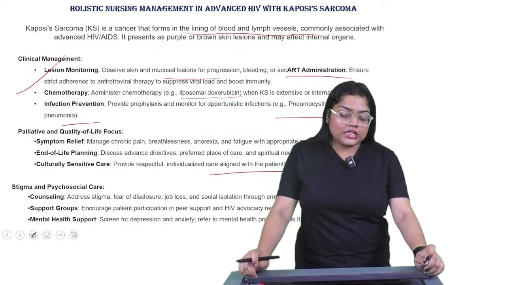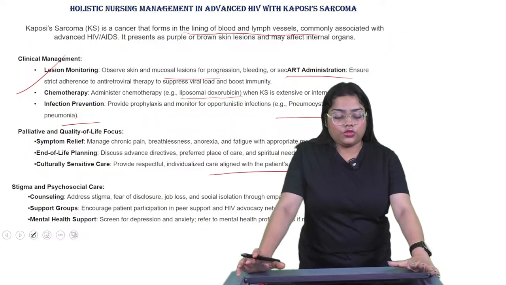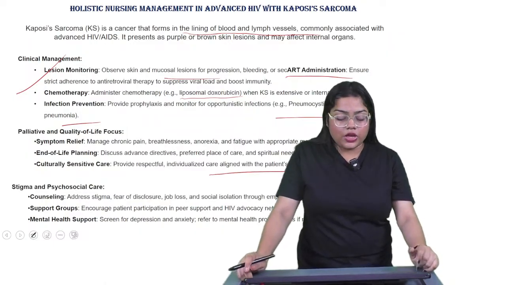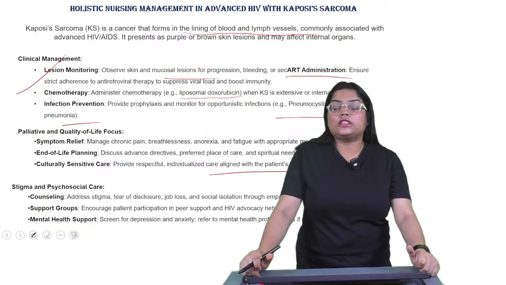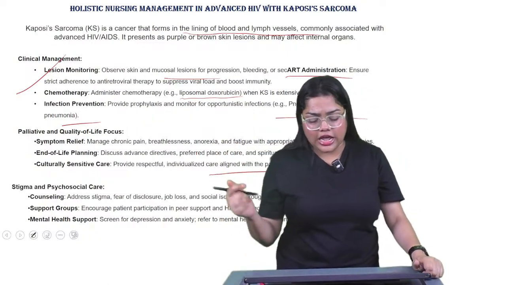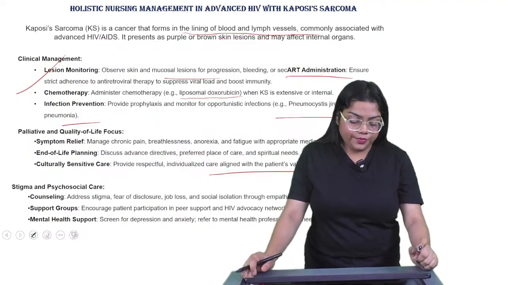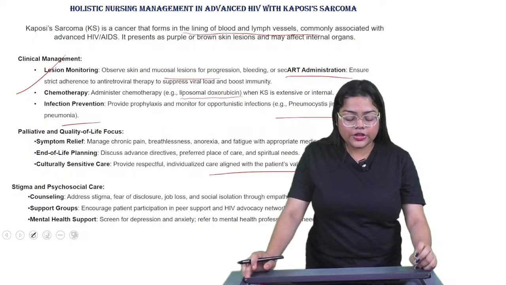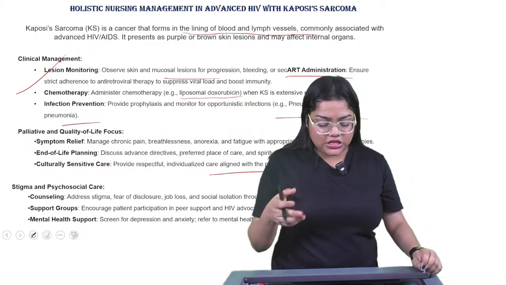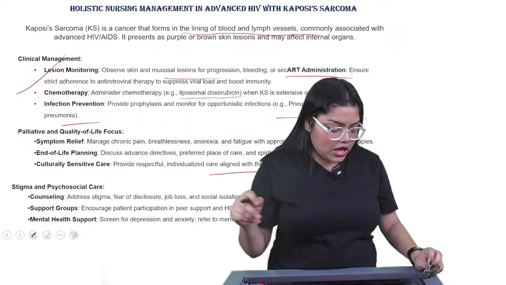Then lastly, stigma and psychosocial care. First we have to do counseling. That is very important to address the stigma that the patient is feeling, the fear of disclosure, job loss, and social isolation, through empathetic counseling. Then support groups, which encourage the patient's participation in peer support and HIV advocacy networks.